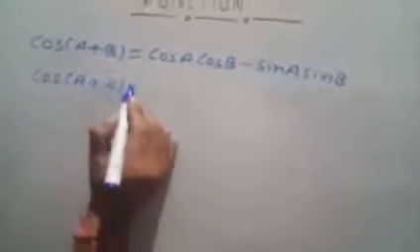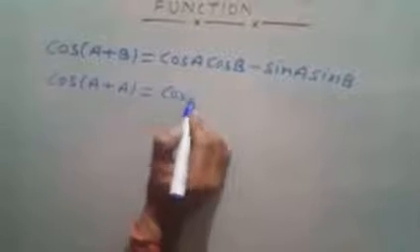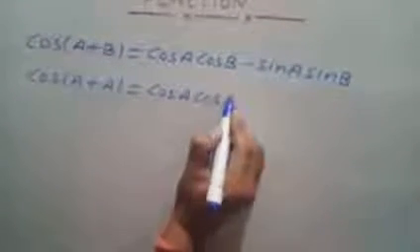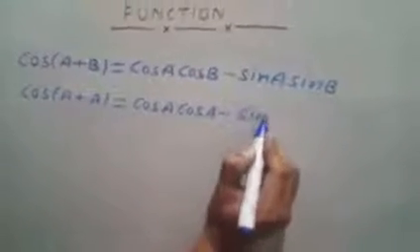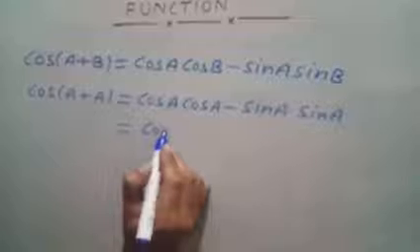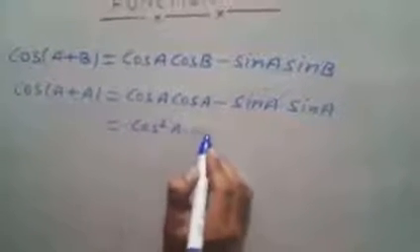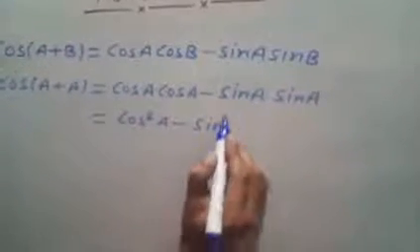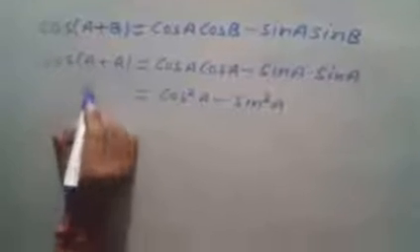The formula of cos(A+B) is cos A cos B minus sin A sin B. Again, if I write A in place of B, we can write cos A cos A minus sin A sin A. So this is cos square A minus sin square A, and here is cos 2A.